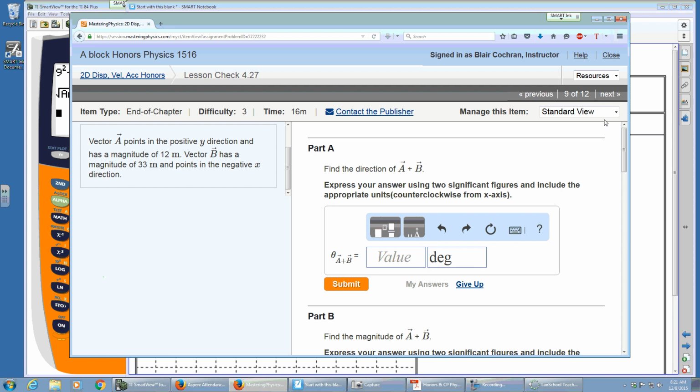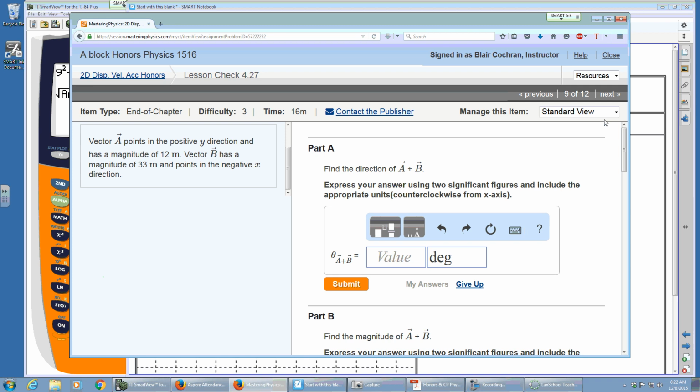All right, so we're going to do 4.27. As I just said, a lot of vector diagrams in this one. I don't think the math is any trickier than what we just did in the last one, but getting these arranged the correct way so that you can see them can be a little tricky. Remember that whenever we have addition, we're lining them up head to tail.